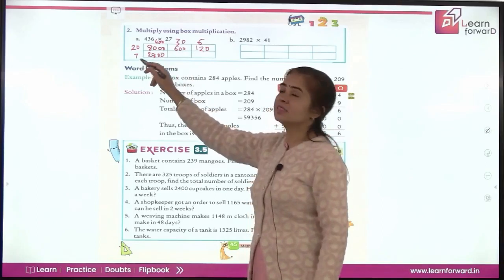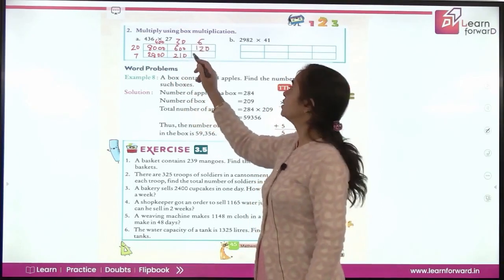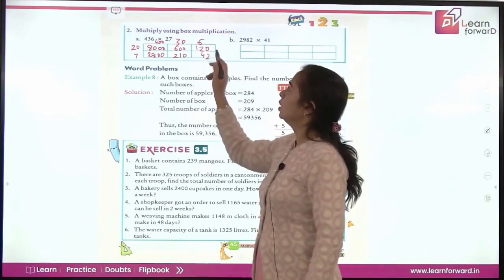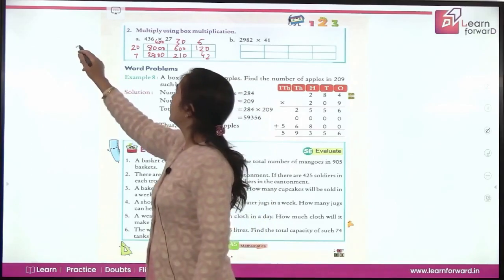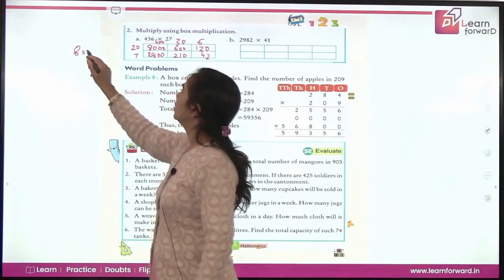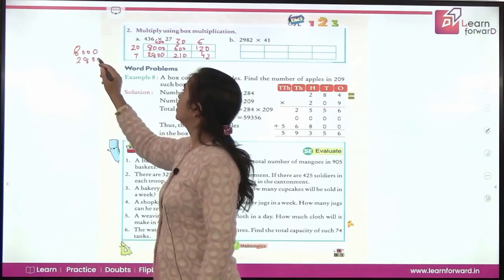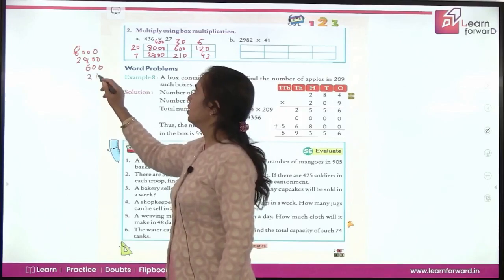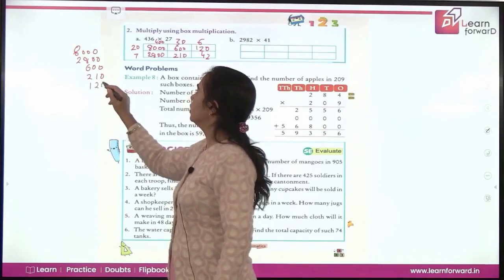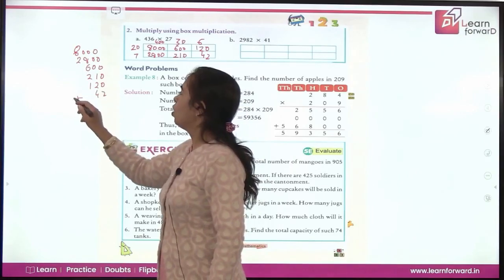Then next is 7 threes are 21 and a 0. Next is 7 sixes are 42. Now you will be adding all these numbers together, children. So what you get is 8,000 plus 2,800 plus 600 plus 210 plus 120 plus 42. So add all of them together.